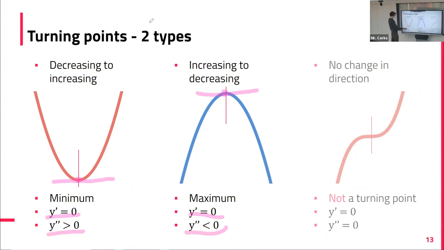We have to check that second derivative for the minimums and maximums because we don't want to be fooled with this situation where the graph does go flat, but it doesn't actually turn. It continues on in the same direction. And when that happens, the first and second derivative will be exactly 0. So we need to do our second derivative test to know the type, and also so we know it's not that third type there.